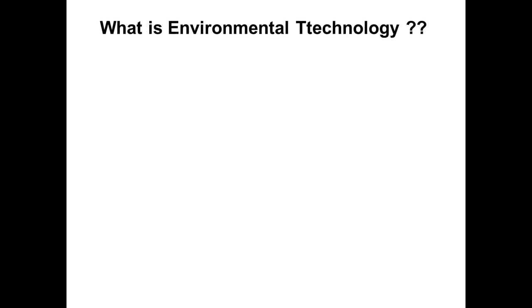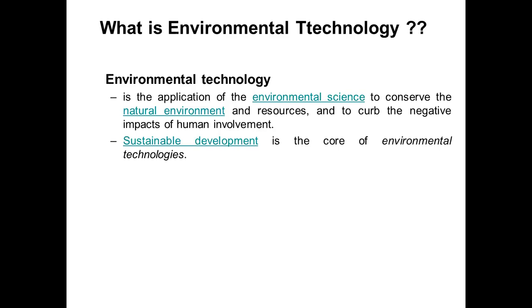Then what is environmental technology? Why do we bother about the environment? Because we live in the environment. Our environment is made from two sections: the green environment and the brown environment. Remember, we live in the brown environment. The green environment is where the trees and the nature is present.